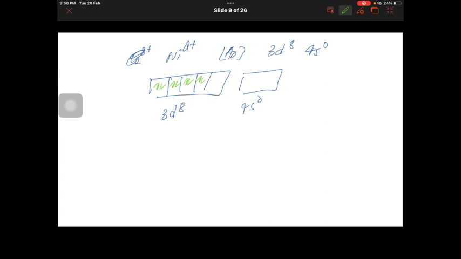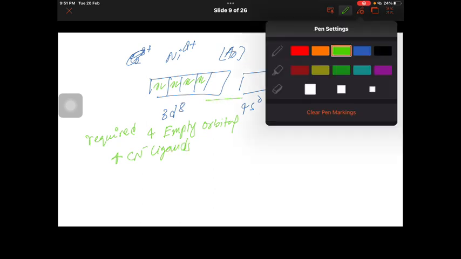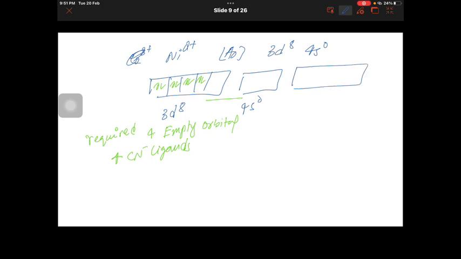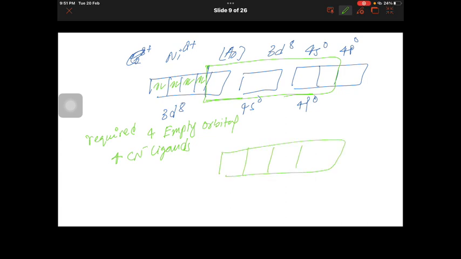We required 4 empty orbitals because of 4 CN minus ligands. Here we have only 2 remaining, 2 from 4p. So these 4 empty orbitals undergo hybridization, forming hybrid orbitals.